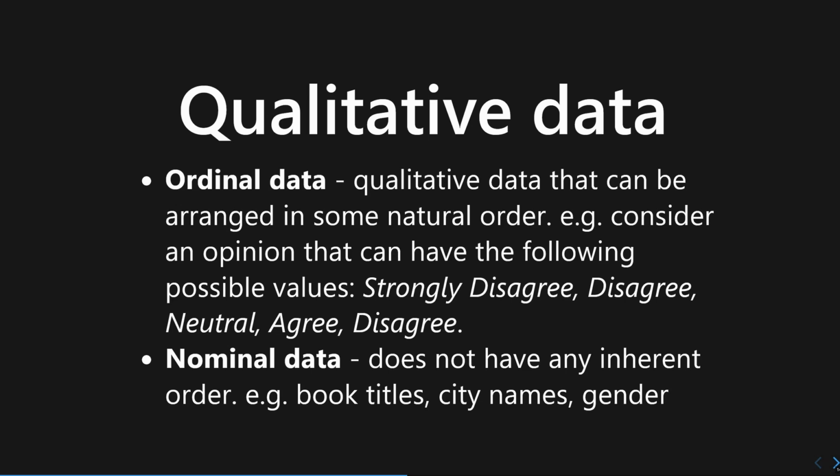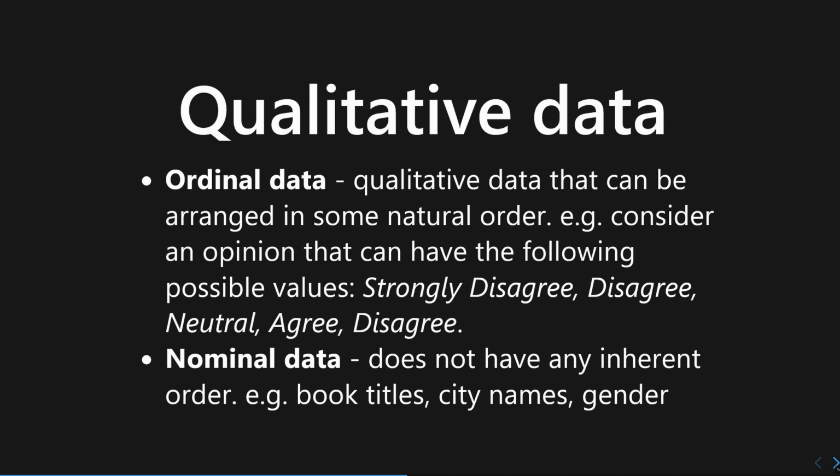If you ever tried filling up some psychometric form, for example, where the responses would be either of these 5 values: strongly disagree, disagree, neutral, agree, strongly agree. While these are still qualitative data, they describe some kind of quality, there's some natural ordering to the possible values of this data right here.